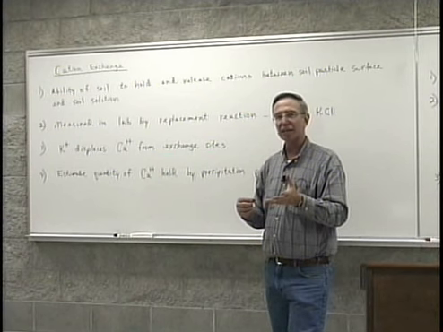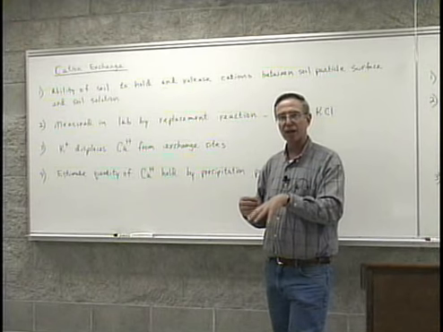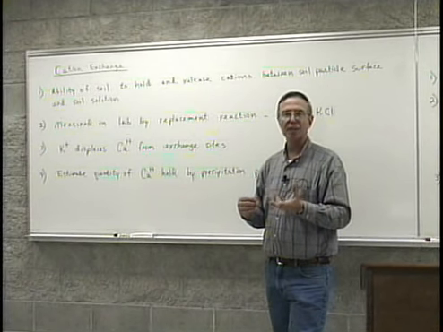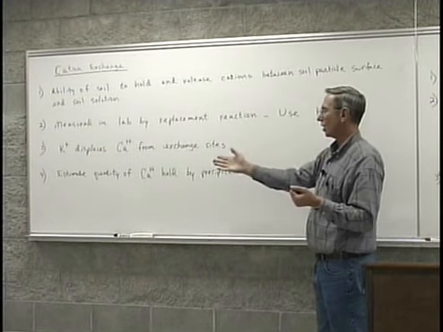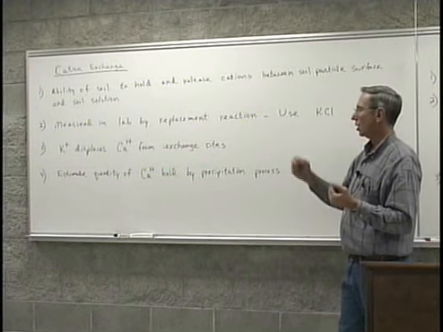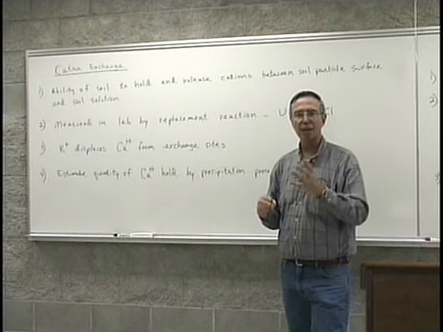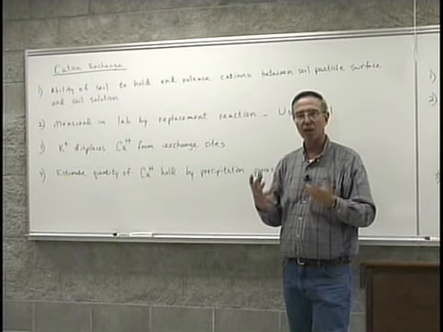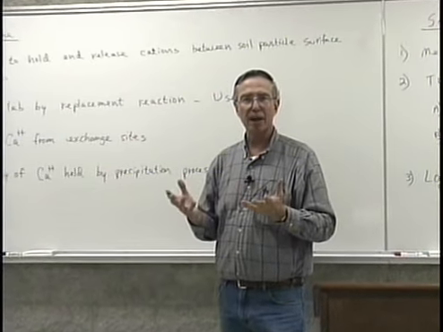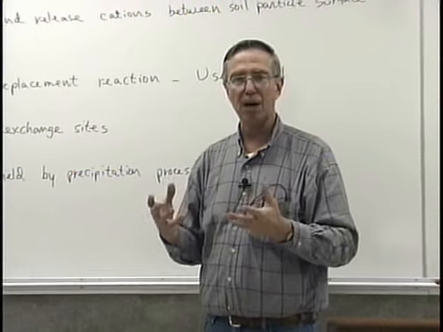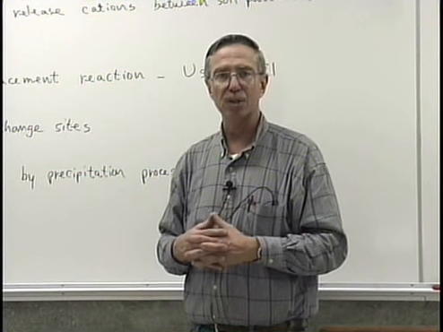The reason for the ammonium oxalate is that it is going to complex with any calcium that we've leached out of that soil sample and give us a precipitation reaction. So the potassium displaces calcium from the exchange sites. We estimate the quantity of calcium held on those exchange sites by a precipitation process, and that's where the ammonium oxalate comes in. Calcium combines with the oxalate portion of this molecule to form an insoluble precipitate in this aqueous solution. We will estimate the amount of cation exchange capacity there based upon the quantity of that cloudy or white precipitate in this aqueous solution.